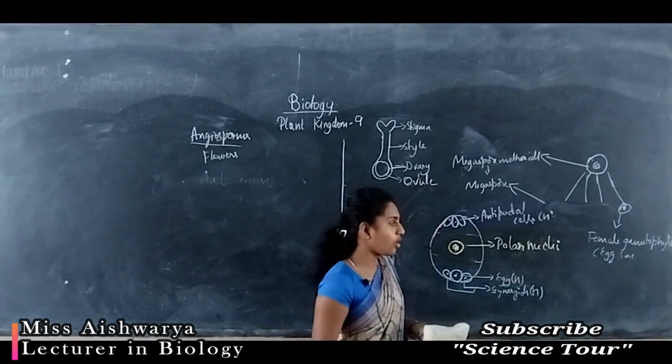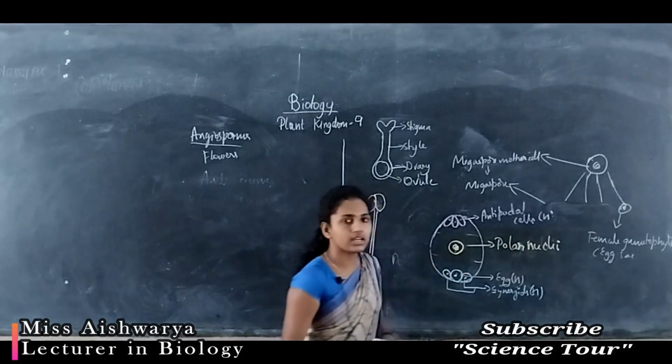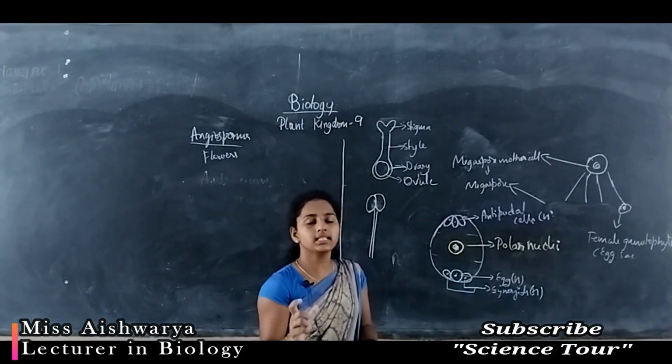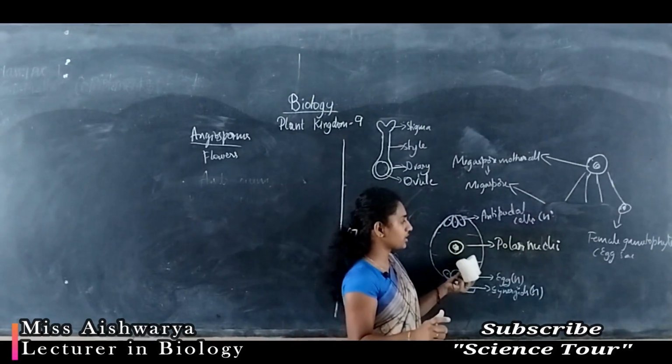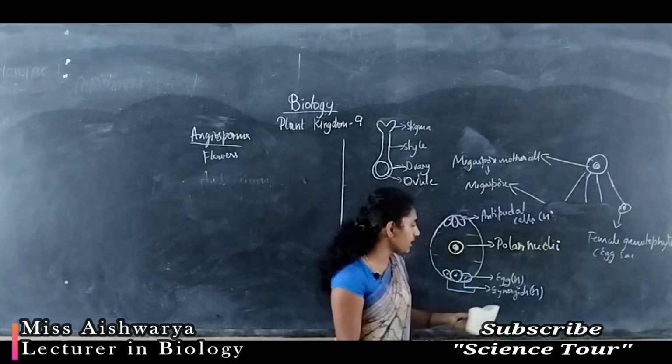Remember, the plural of nucleus is nuclei. The polar nuclei fuse and form a single diploid structure, which we call the polar nuclei or polar cells.